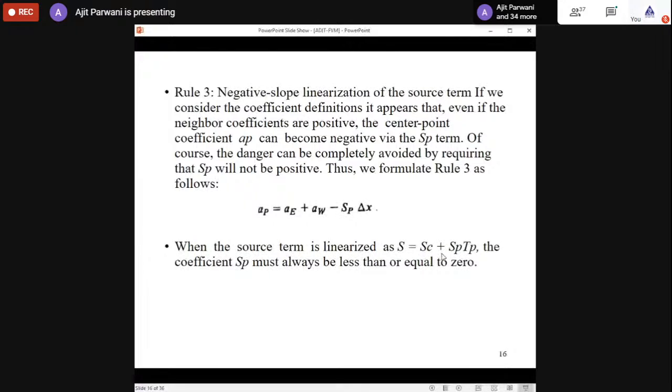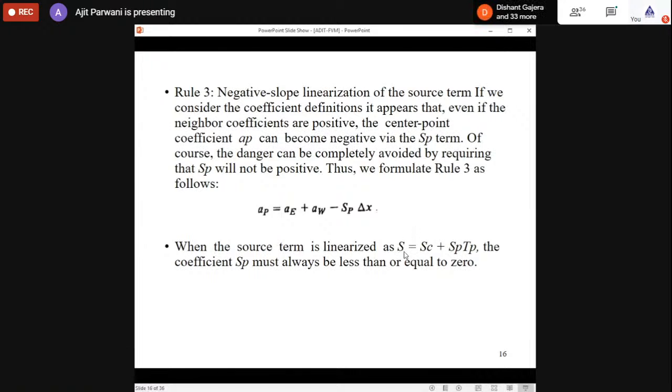For example, suppose in a resistance heater, if SP is not negative, then what will happen? If there is heating, there is a source. If the source is positive, depending on the positive value of temperature, then the temperature will increase and the source will increase. And if the source increases, we know that the temperature will increase.